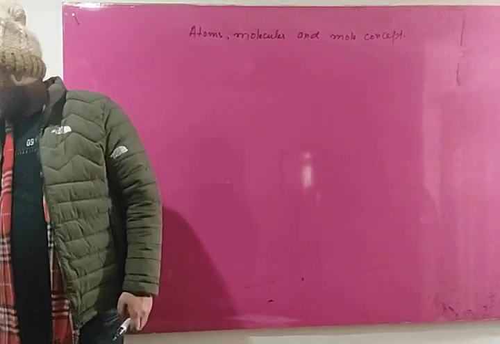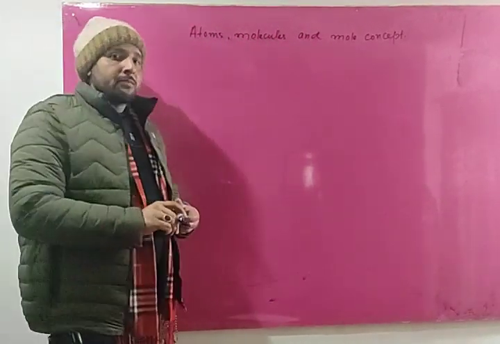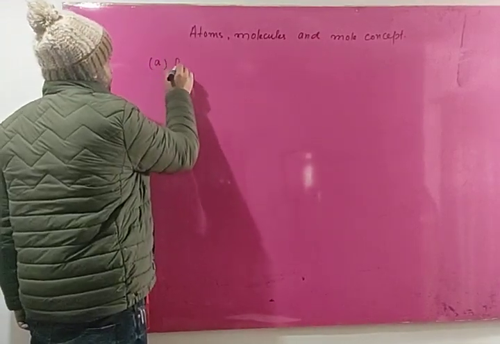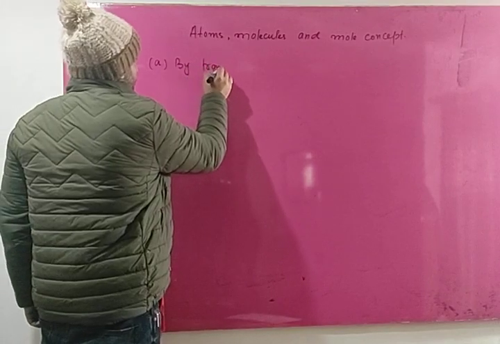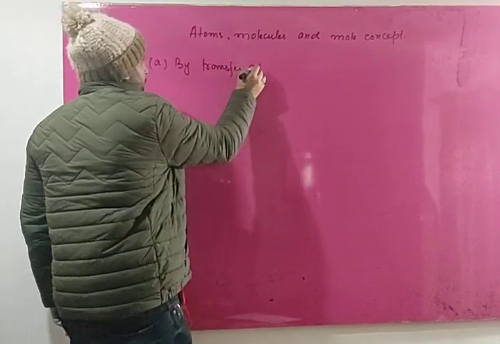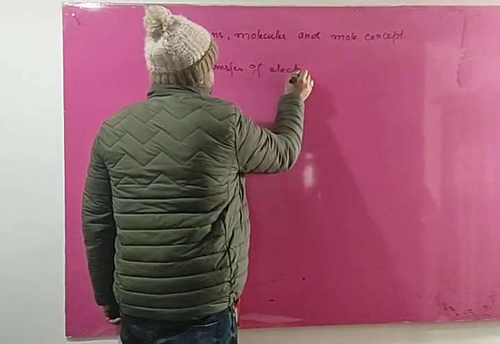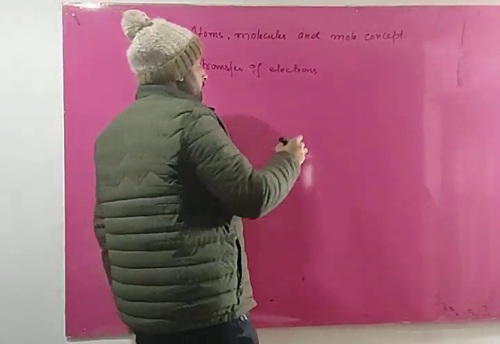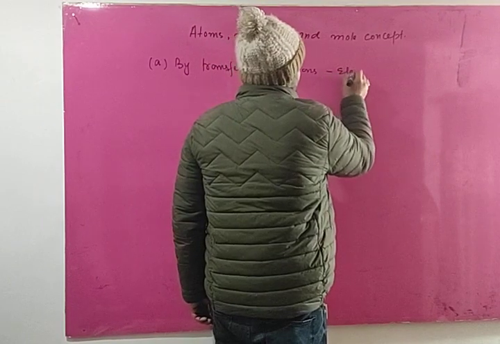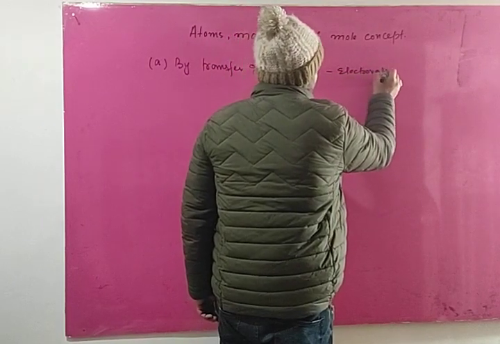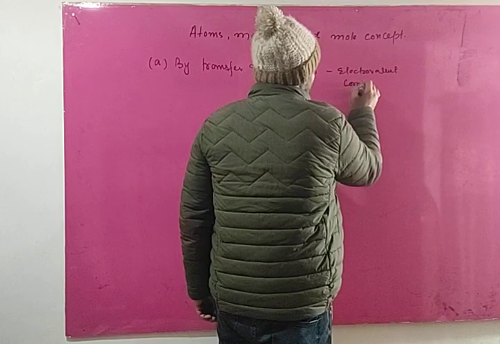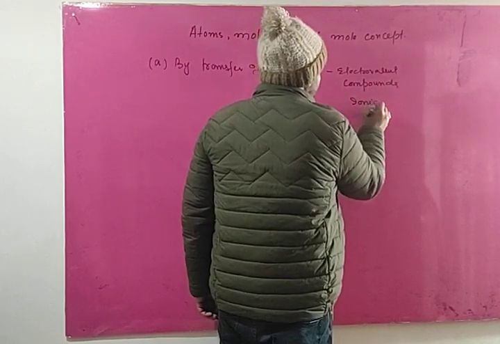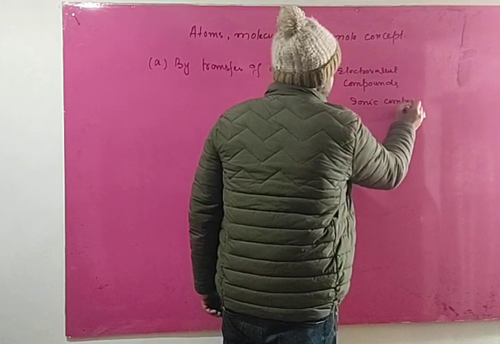Now, when atoms react by transfer of electrons, what type of compounds are formed? Electrovalent compounds, और जिन्हें आप कहते हैं आयनिक compounds भी. Right?